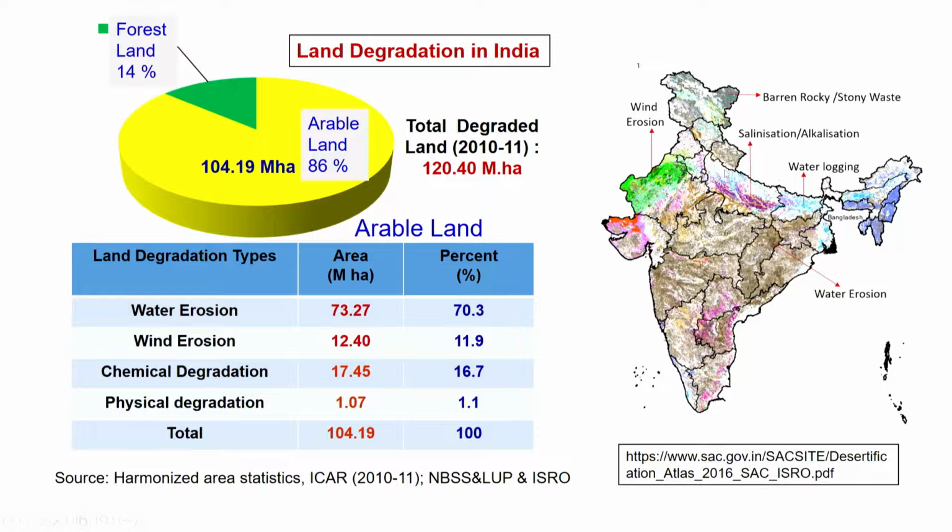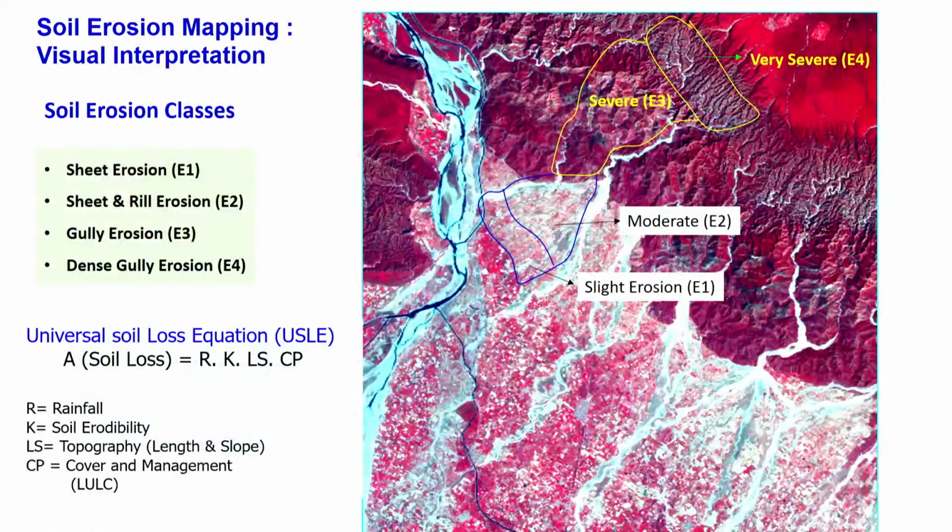In the alluvial plain of Uttar Pradesh you get salt affected soils, and in western India, the Rajasthan and Gujarat part, you get wind erosion. So water erosion is the most important problem degrading our land.